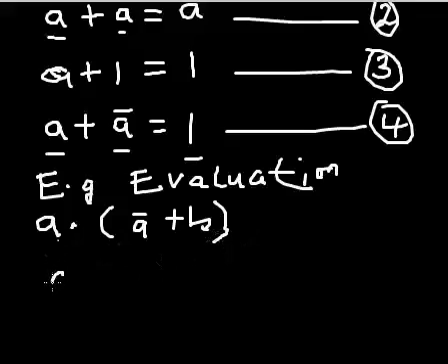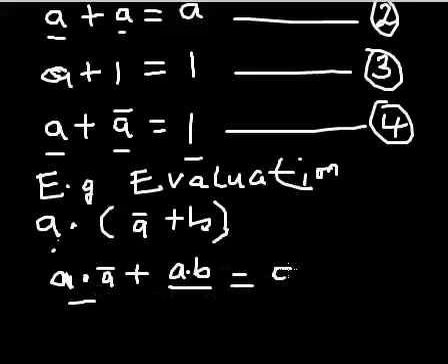Opening this bracket, this is going to give me A dot A inverse, then plus A dot B. Whenever you multiply A by its inverse, you will definitely have 0. Remember, whenever you multiply opposite states, 0 times 1, definitely you will have 0. So you are only left with A B. The final answer is going to be A dot B.